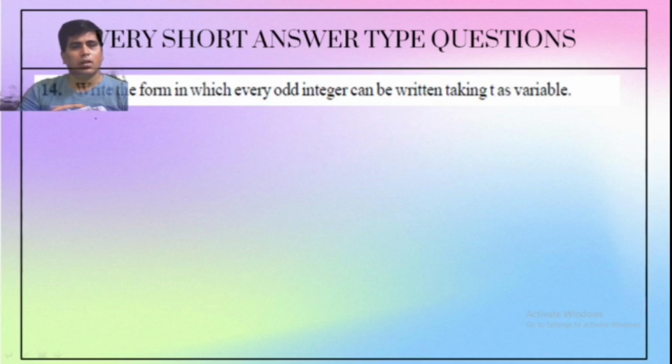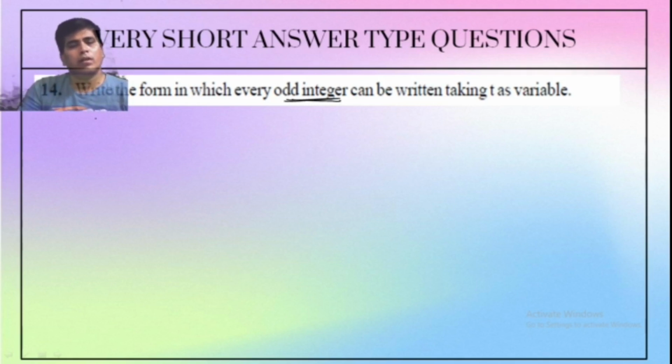Now, write the form in which every odd integer can be written, taking t as a variable. All even numbers we can write in the form of 2m. So what about odd numbers? First of all, think about what an odd integer is.